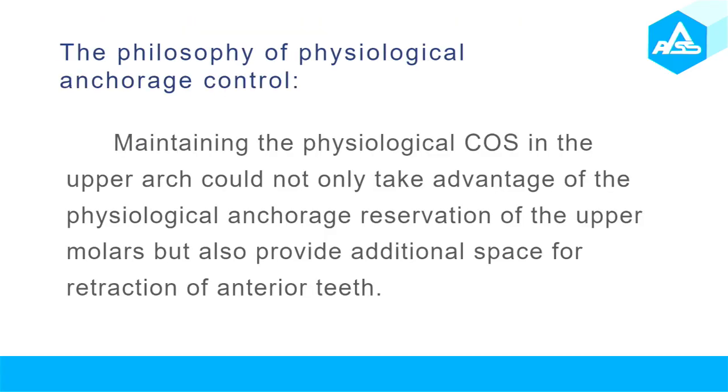So the philosophy of physiological anchorage control is that maintaining the physiological curve of SPEE in the upper arch could not only take advantage of the physiological anchorage reservation of the upper molars, but also provide additional space for retraction of anterior teeth.